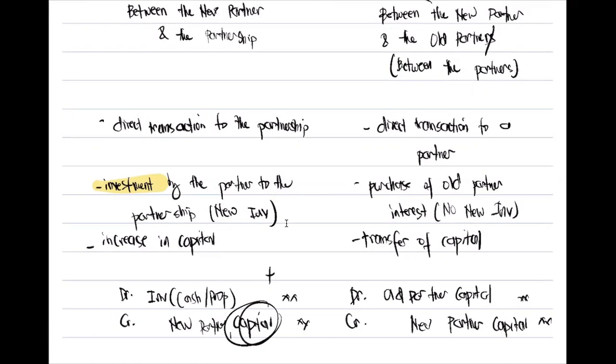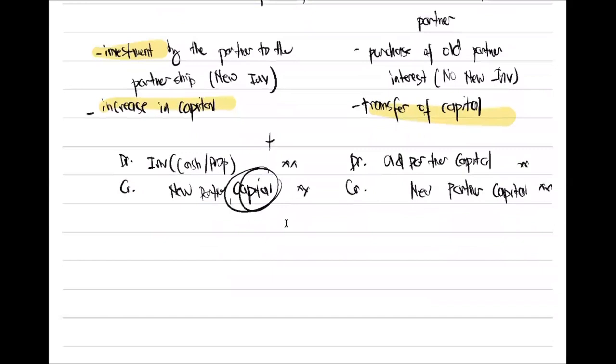Okay, so in your transaction between the partners, look, there is only a transfer of capital from your old partner to your new partner. While in your transaction between the partner and the partnership, there will be an increase in capital by increasing your investment. And then we have a new partner capital. So let's start first in accounting for your transaction between partners.